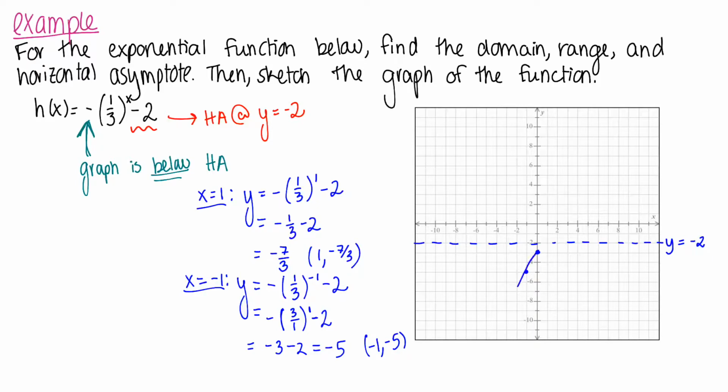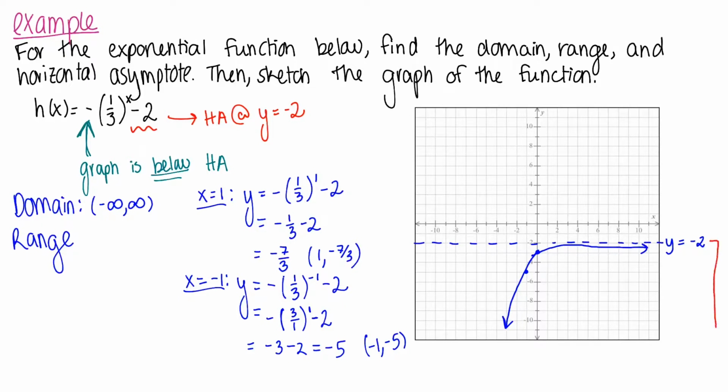So I'm just going to sketch it in from here. So that's a sketch of your graph. The domain, like we've said, is negative infinity to infinity. The range, all right, the range is all those y values.